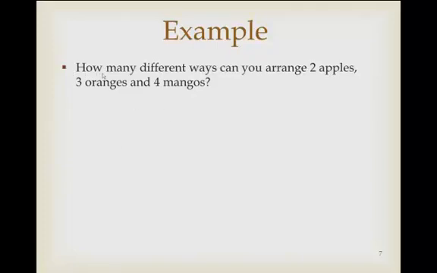But first, how many different ways can you arrange 2 apples, 3 oranges, and 4 mangoes? This is a good question, especially if you like mangoes. To work this problem, we just set up a combinatorial. We have 9 altogether, and we're choosing 2, 3, and 4.